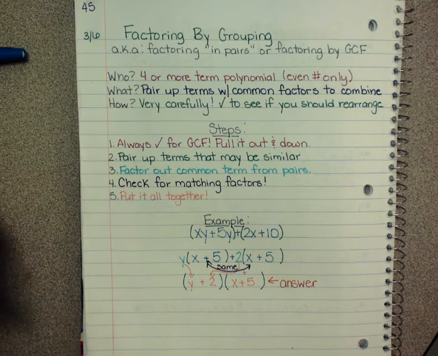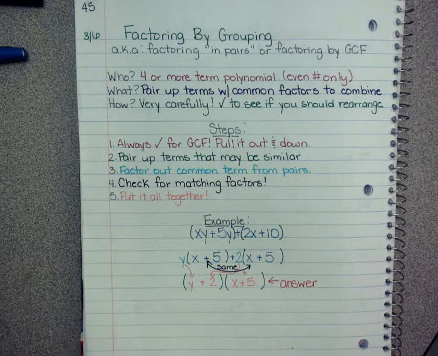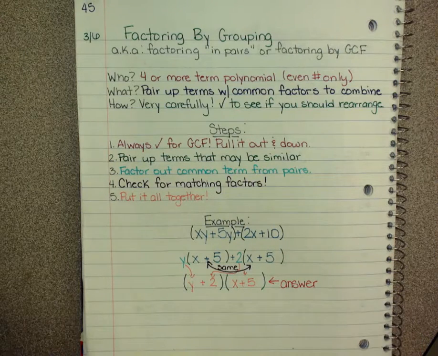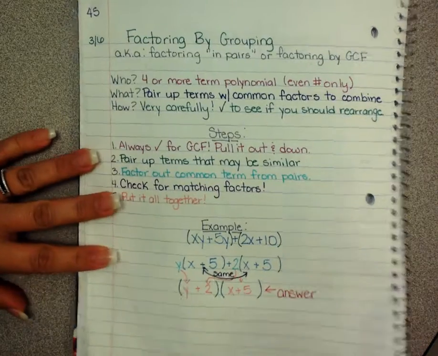Okay, so I am also going to put up your practice problems that you're going to need for this. You'll need to have them done by tomorrow so that we can go over them and check to make sure that there's nothing that we need to go back over. All right, your practice problems are going to go onto page 46.